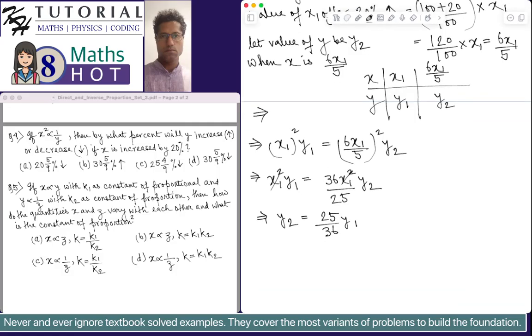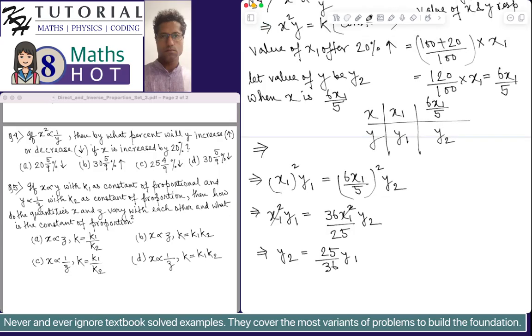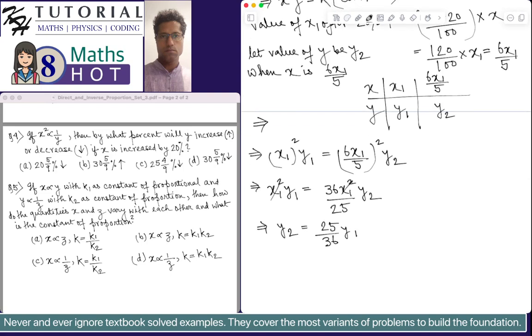Now the question is asking, by what percent will y increase or decrease? So now we need to compare the values of y2 and y1 and see whether y2 is more than y1 or less than y1, and find the percentage by which y2 is less or more than y1.